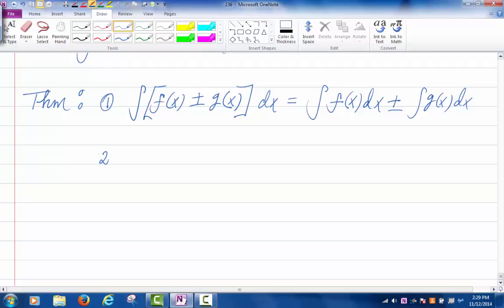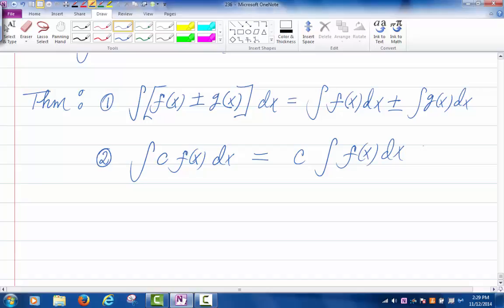And number 2, if I am taking the integral of a constant multiple of a function f of x, so c is a factor in the integrand, then I am allowed to take the c outside the integral sign. So I can write it as c times the integral of f of x dx.